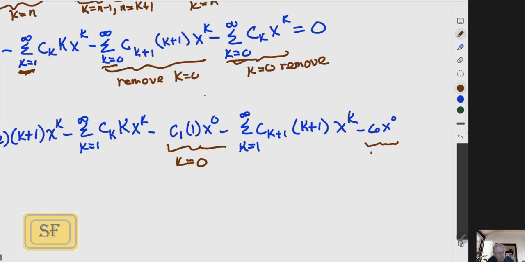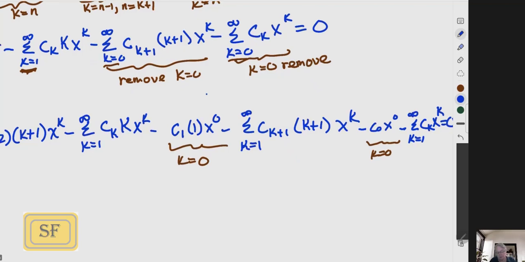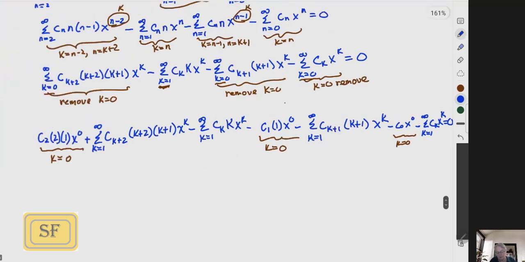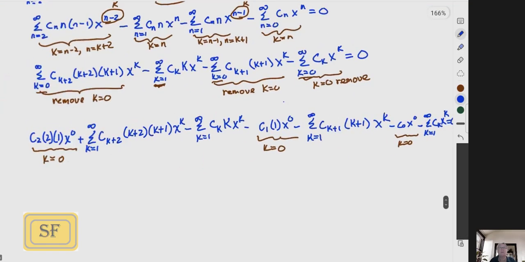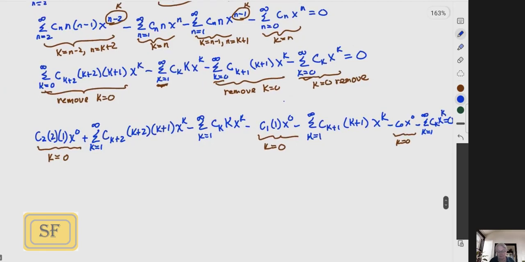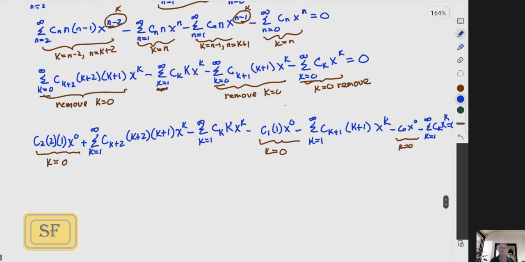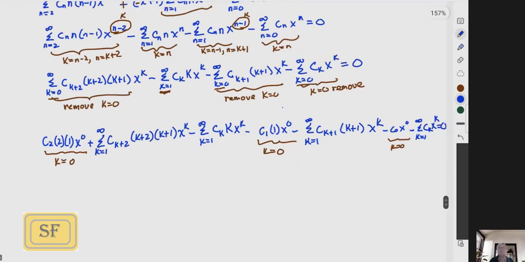That's my k equals 0 term. And my remaining summation will be the sum k equals 1 to infinity of c sub k x to the k. All of that's equal to 0. So I'll zoom out so we can see all of this.